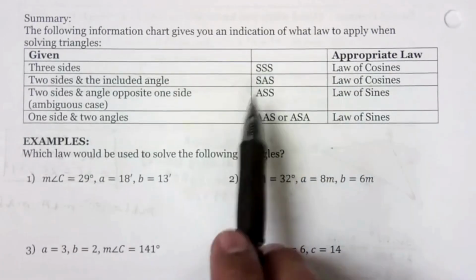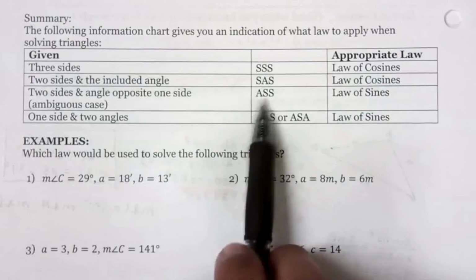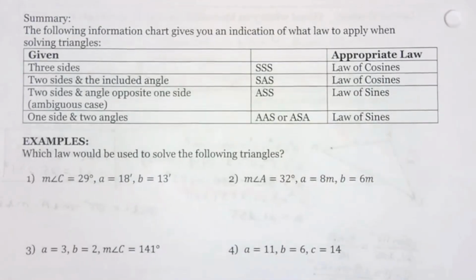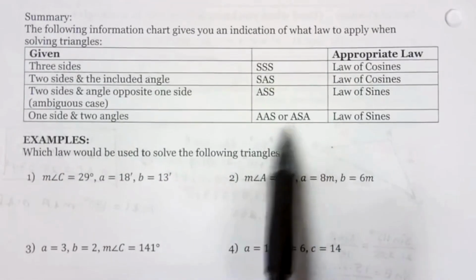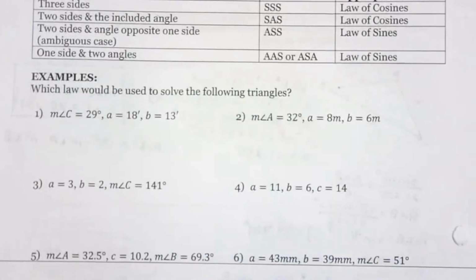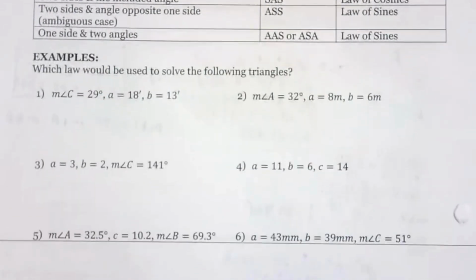If you have that ambiguous case of angle side side, we have to use law of sines. Angle angle side and angle side angle, you use law of sines. So we're going to do a couple of examples where we're given information, we're not solving it, we just want to know what law we're going to use. Again, it's helpful to draw a picture each time.